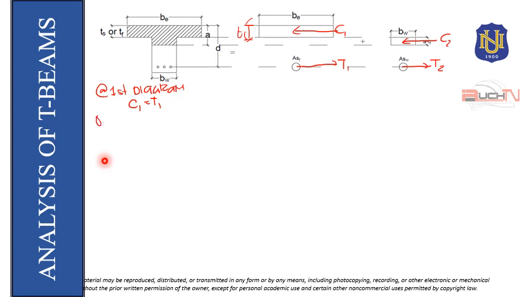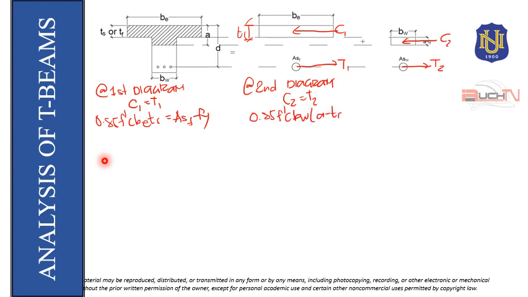Then that is 0.85 f'c b_f t_s is equal to A_sf f_y. On our second diagram, we will have C2 is equal to T2. So that will be 0.85 f'c b_w times (a minus t_f) is equal to A_sw f_y.